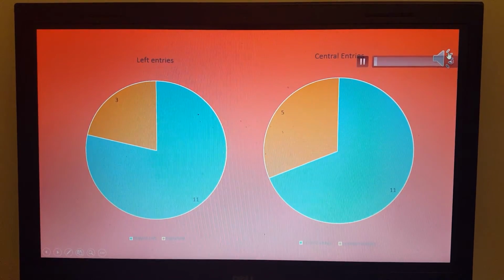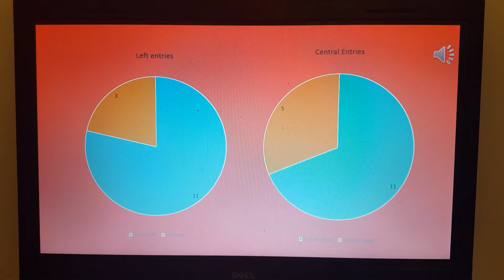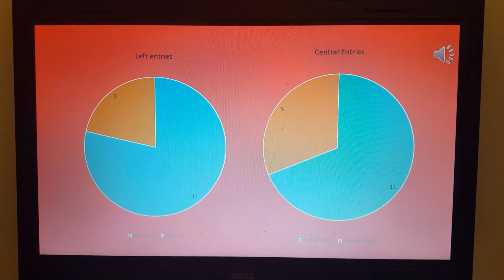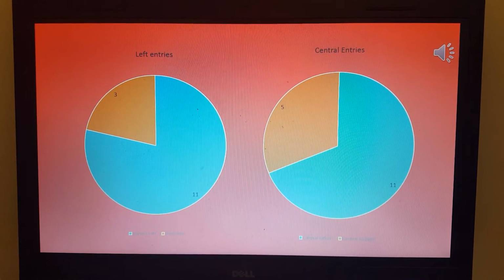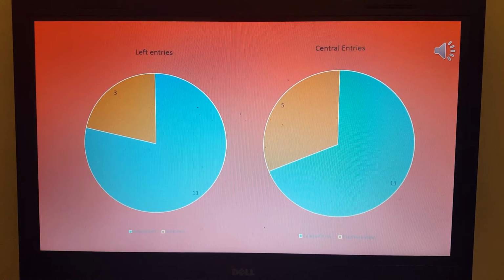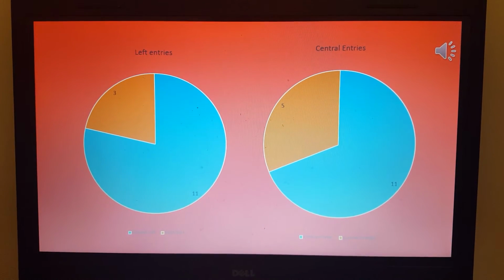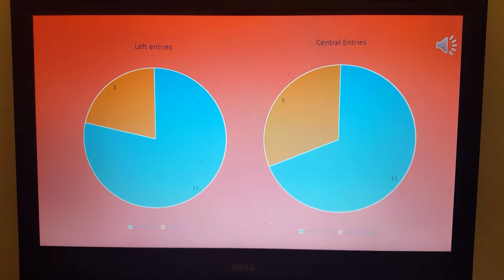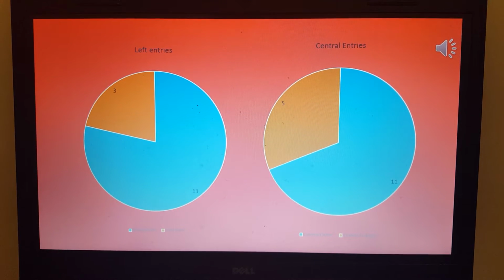Okay, so what we are looking at here is the left entries and the central entries that England made into Brazil's defensive third, and what they did with the ball. Okay? As you can see, over on the left, it says left entries.